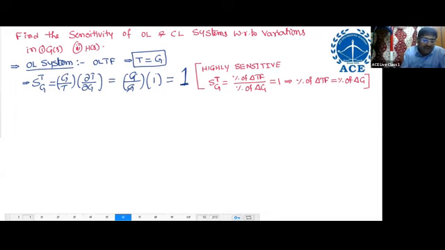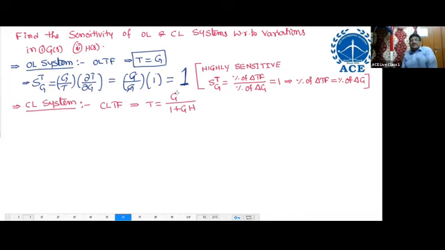Next, go for the closed loop system. What is the closed loop system transfer function? T equals G by 1 plus GH. We can write G(s) by 1 plus G(s)H(s).